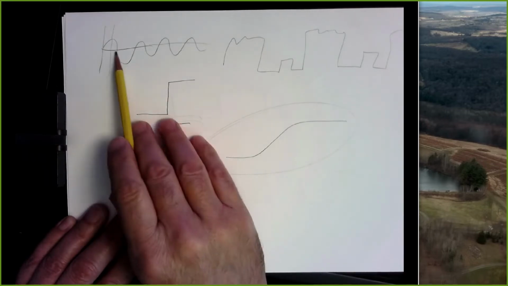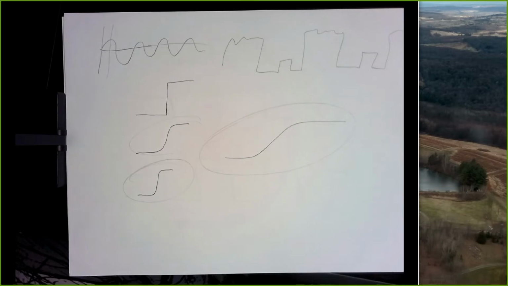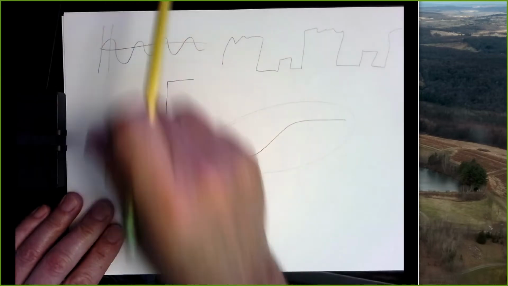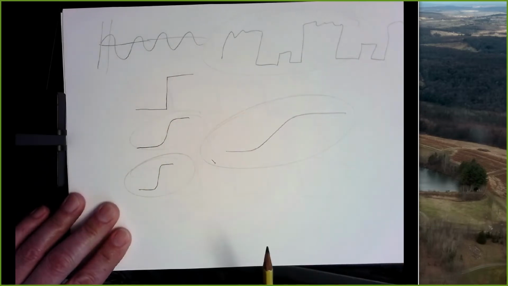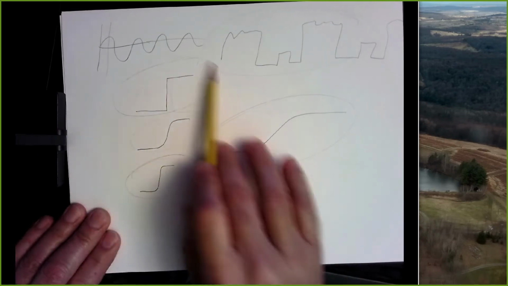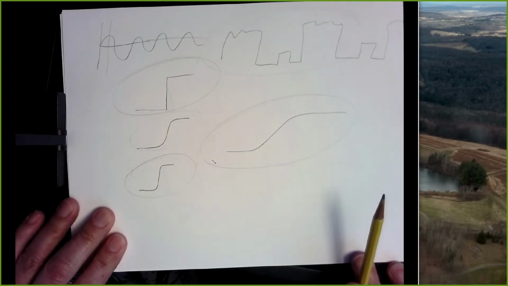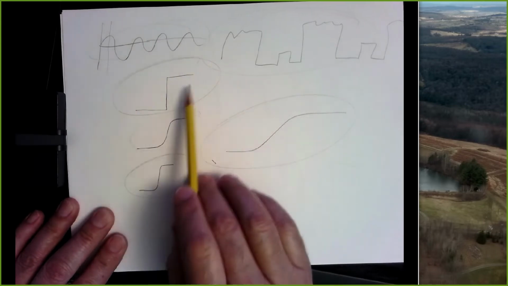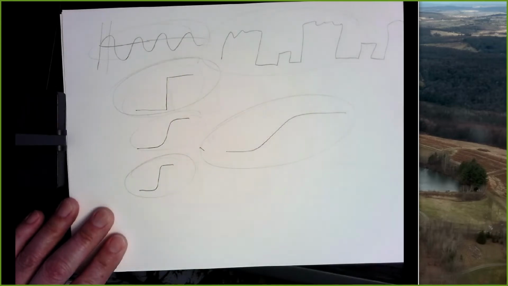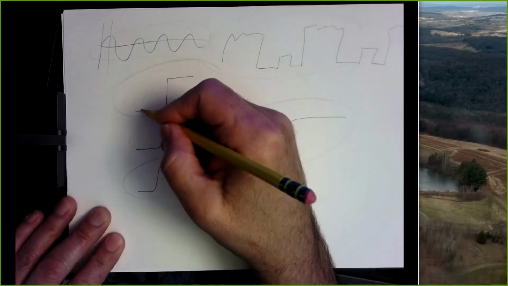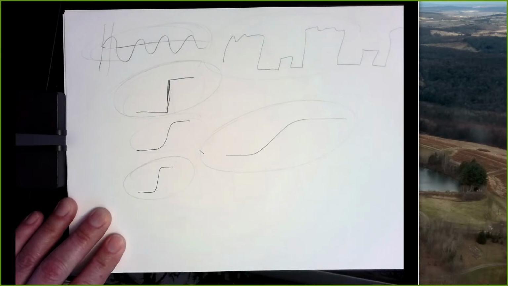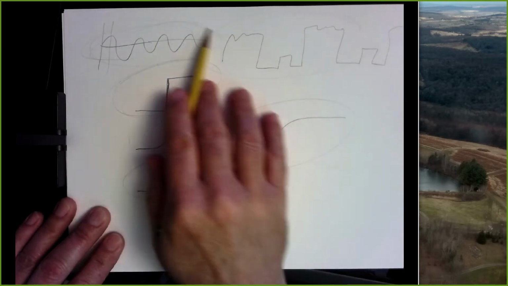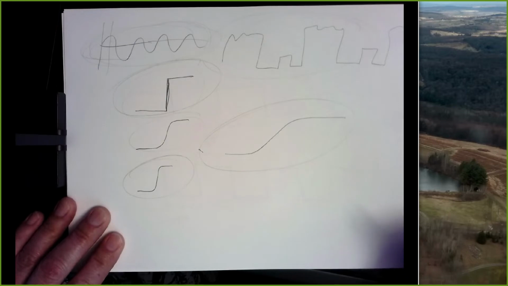By taking different frequencies of this, squeezing them together or spreading them out, and making them taller or shorter, and adding different combinations together, you can create any periodic waveform, including this. The more of these you add together, the better you can approximate this. But the other side of that is the better your circuitry comes to actually creating this effect, the more complex the waveform is, the more components it has, the more different sine waves of different frequencies are involved.